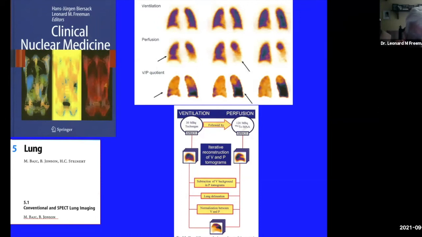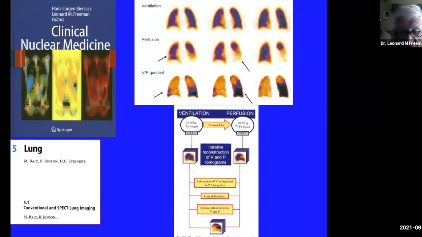But most people in the world, including people in Europe, will be using SPECT. And the only caution I want to make is that when you pick up the very, very small PEs on SPECT that you might not pick up on planar, they should not be anticoagulated unless the patient is symptomatic.